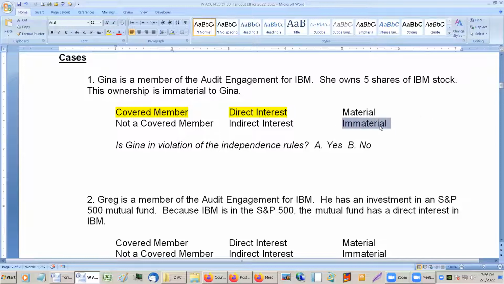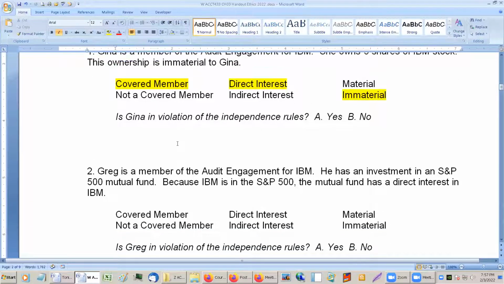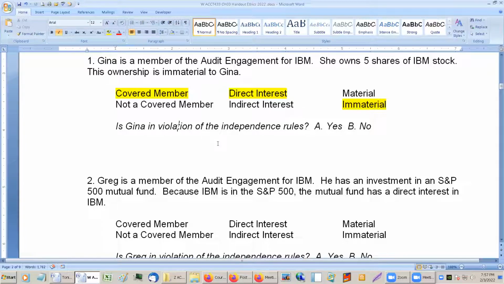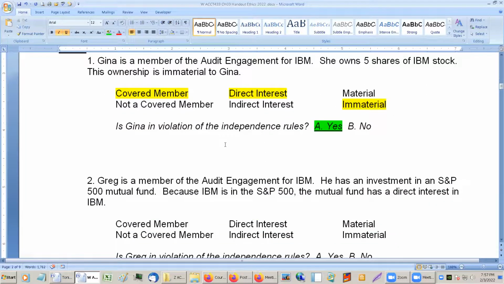Immaterial, but it really doesn't matter. Is Gina in violation? Yes, she is in violation. You cannot have any direct interest. One share of stock, you're out.